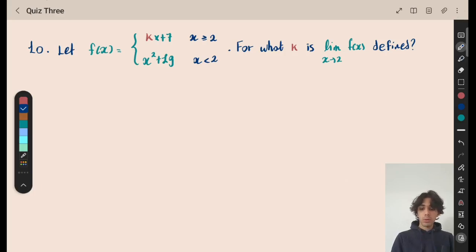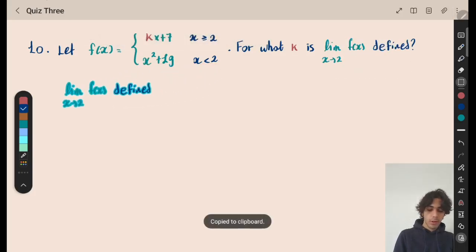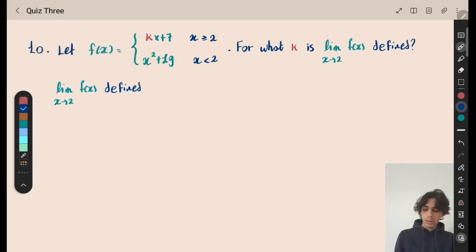The first thing we need to note is that if the limit is defined, so let's assume that the limit is defined, then this would imply that the limit as x tends to 2 of f of x is equal to f of 2.